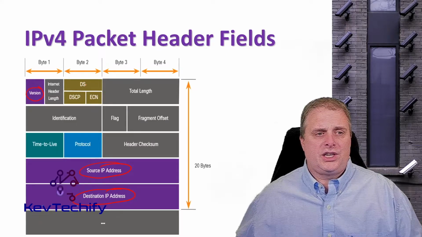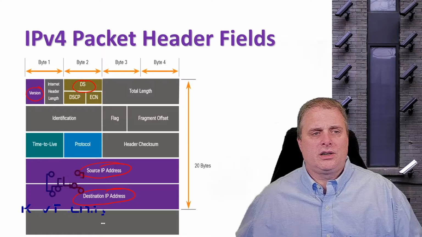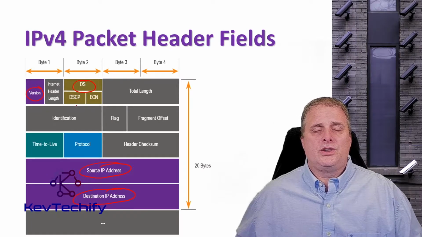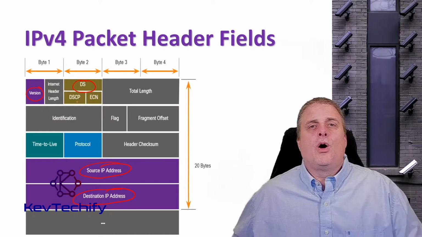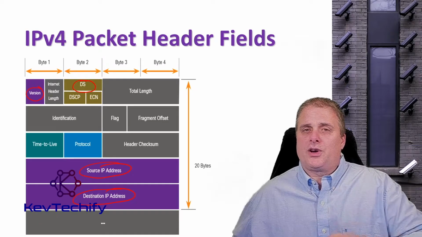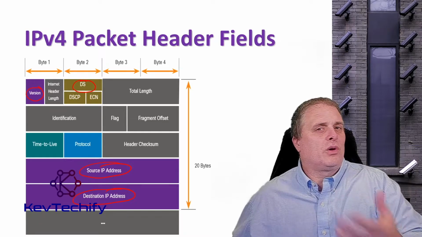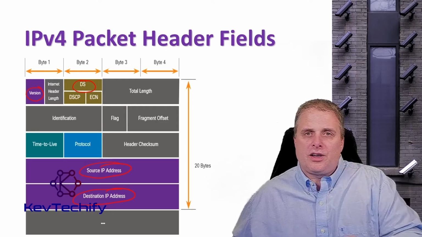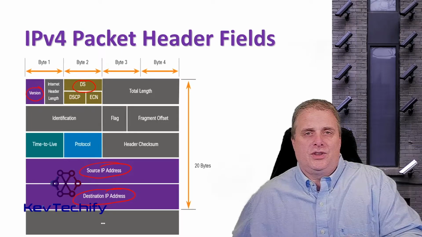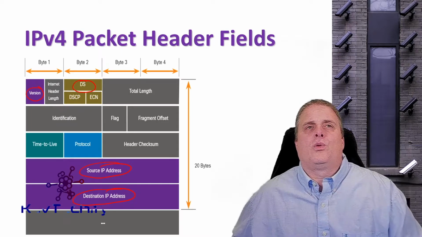The differentiated services field right here in the second byte is used for quality of service, to give one type of traffic more importance on the network than the other, like real-time traffic, voice over IP, streaming video conferences, to make sure those get through your network first.